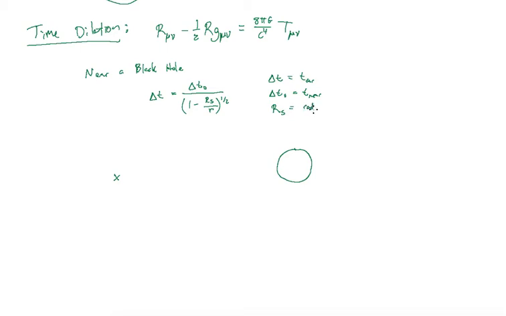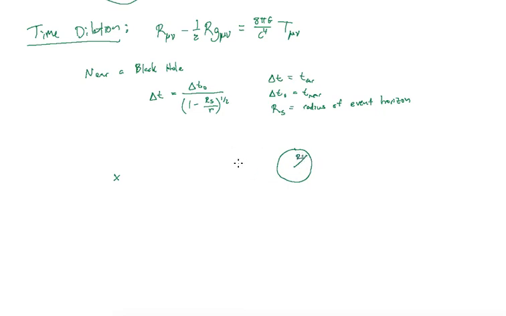Remember this event horizon, you may have heard it before. This is the boundary of a black hole where once you're inside it, nothing can escape, not even light. Outside that, light still has a chance to escape, but inside it, light cannot escape. So this would be r_s.